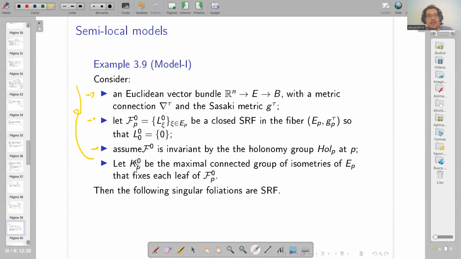We'll call K0 the maximal connected group of isometries that fix our singular Riemannian foliation. For example, the Clifford foliations, the Radeschi foliations, are essentially constructed like this.